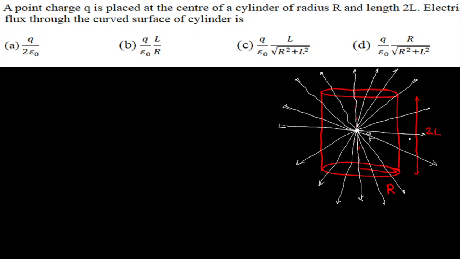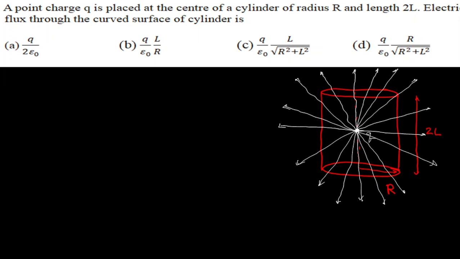So it will create an electric field like this. You can see here the electric field lines will pass through the flat surface as well as the curved surface. So we'll get flux through both surfaces. Now what has been asked? What will be the flux through the curved surface only?